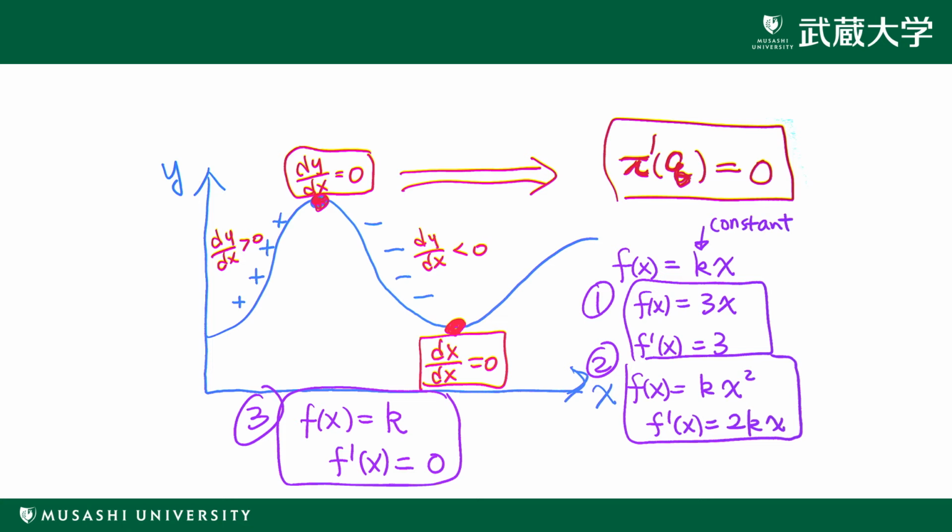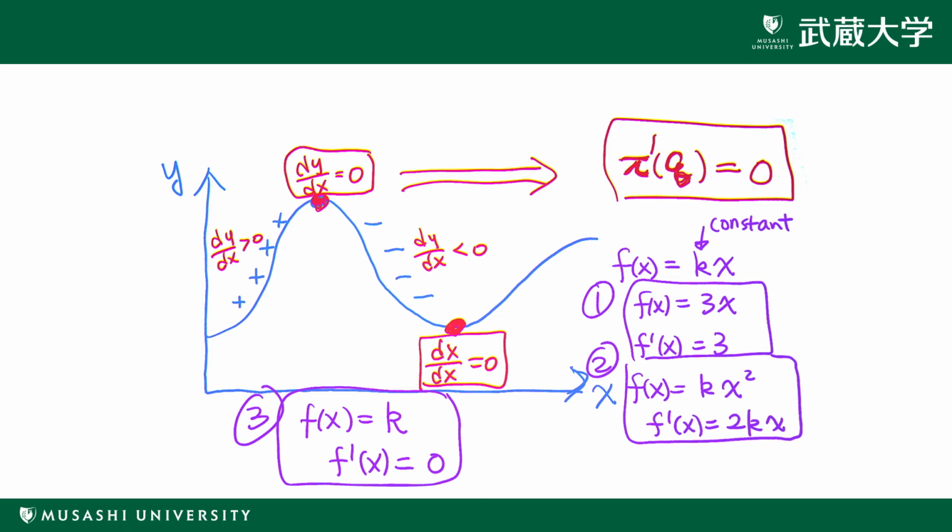And this part, dy over dx is negative. And what about this point, at the top of the hill? That's the maximum value we want to find, right? What's the slope? Any idea?